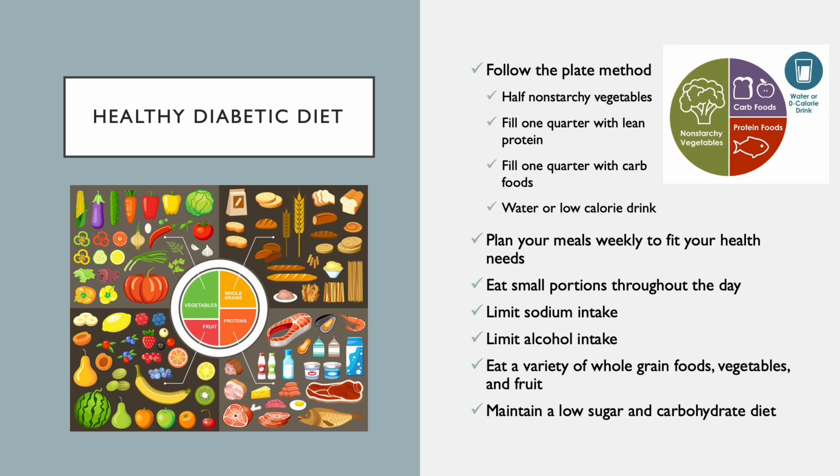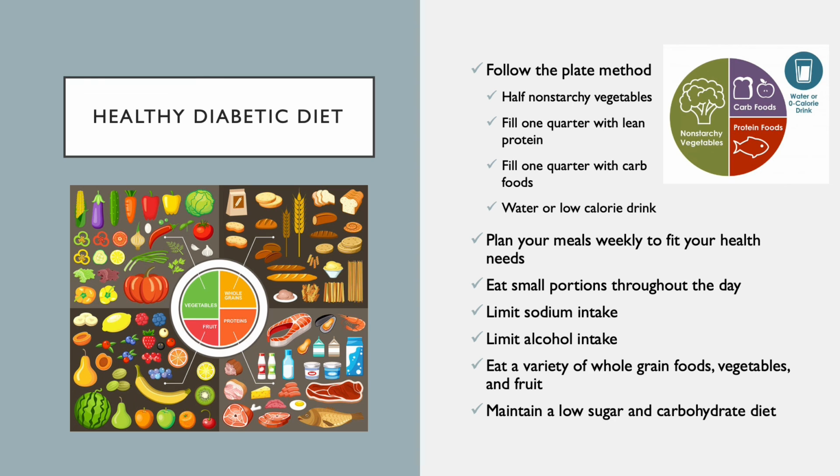Healthy diabetic diet. There's a little thing called the plate method, where half of the plate is non-starchy vegetables, a quarter is lean protein, and a quarter is carb foods. You usually want to take a low-calorie or zero-calorie drink, or water. It's recommended to plan your meals daily to fit your healthy needs.